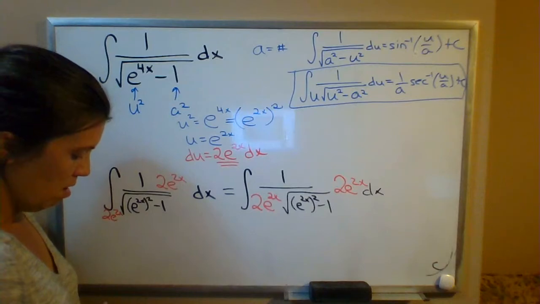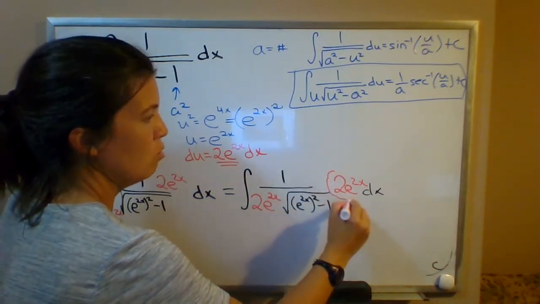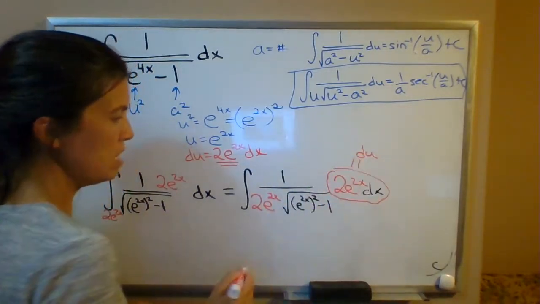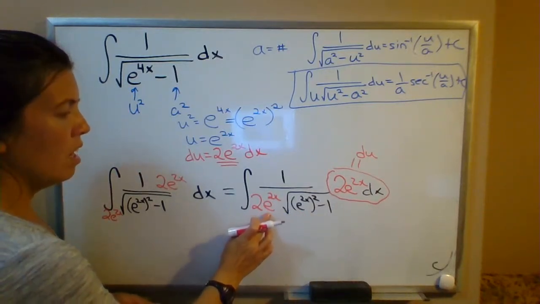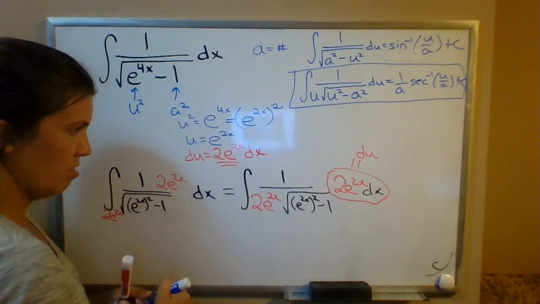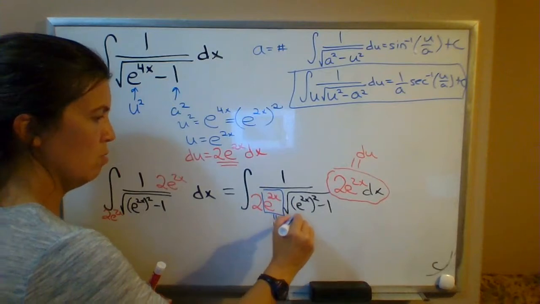Now 2e to the 2x dx, that's exactly equal to du. So there's my du. This is u squared, so that's good. e to the 2x is u. So this right here is equal to u.